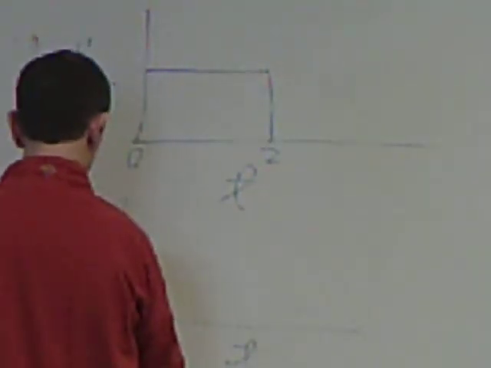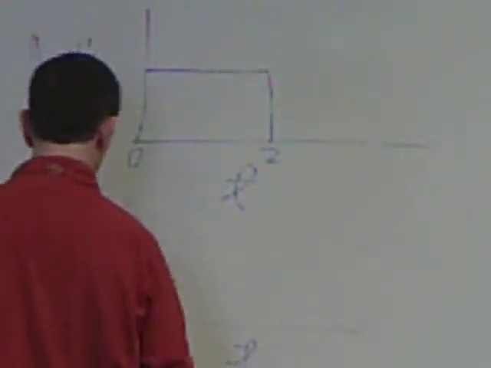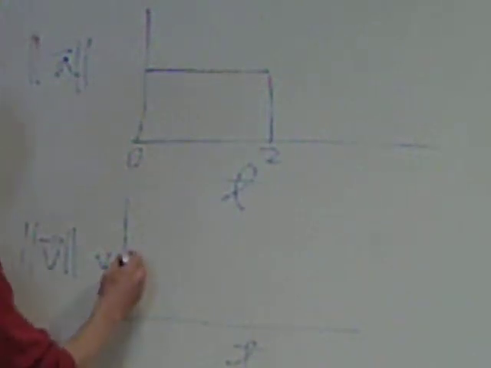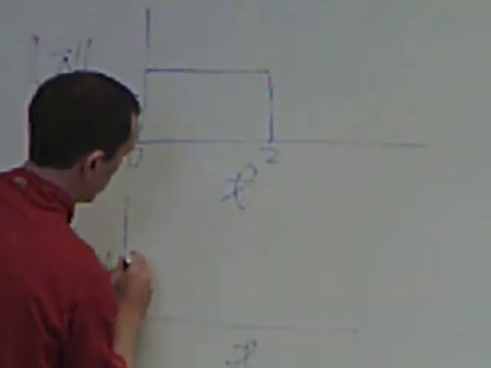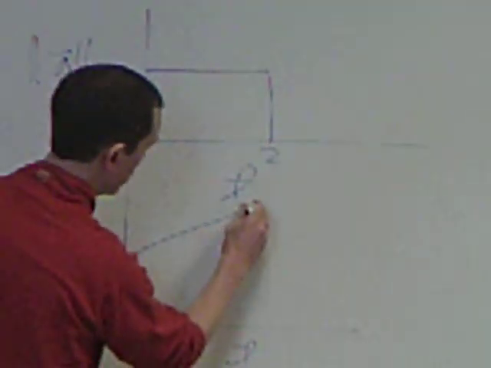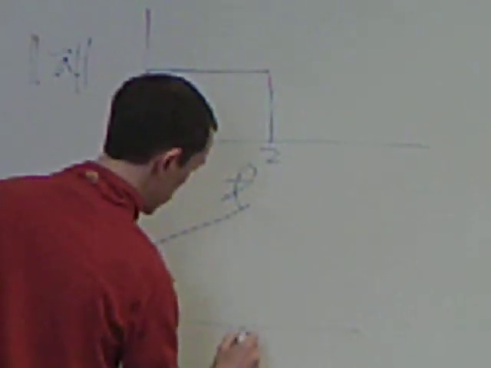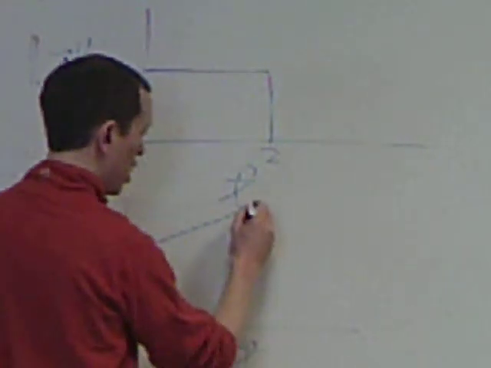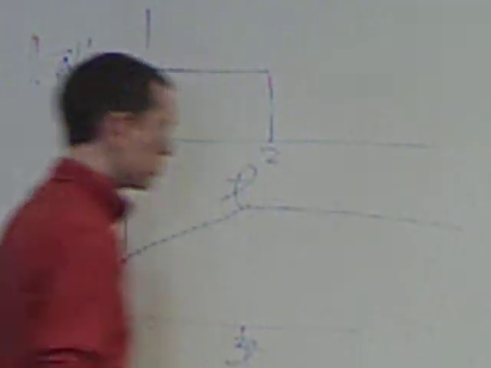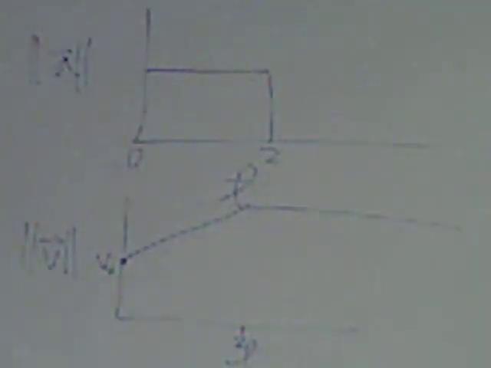So we're going to start right here. This is V naught. Okay? We're going to go up with a constant slope. Our 2 seconds is still 2 seconds. And then our velocity is going to be constant. We're ignoring drag, and we're ignoring gravity. So there we get this.